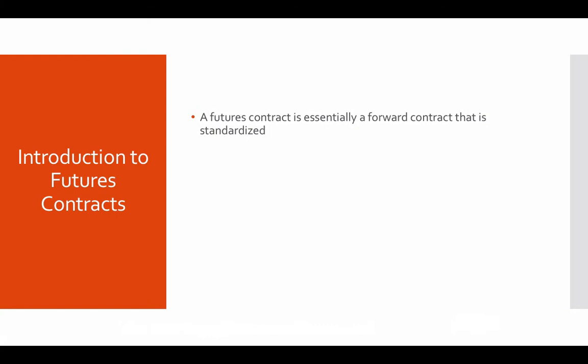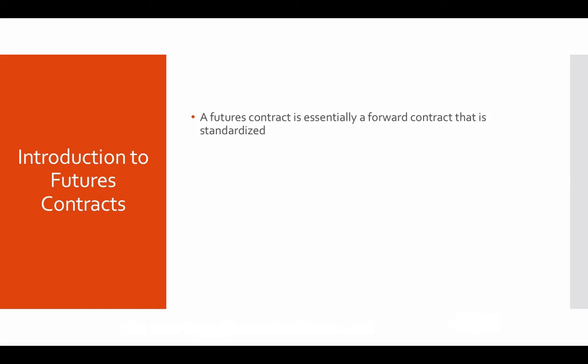So, for example, there may be terms within forwards which are discussed between the party and the counterparty, such as what will be the date of settlement, what will be the number of units of the underlying that will be transferred. But in the case of a futures contract, that is all specific to how it is being traded in the stock exchange. So it may be trading with lots of the underlying.